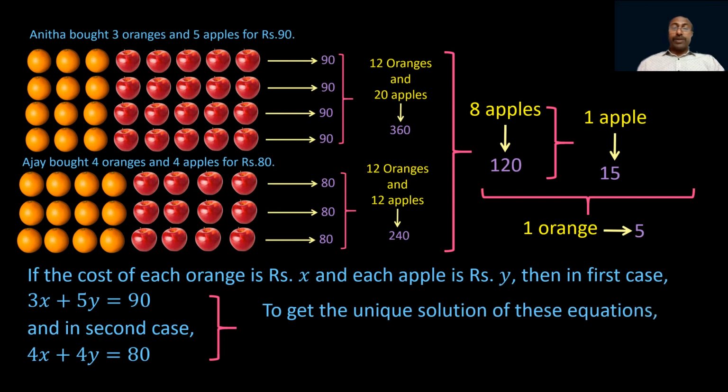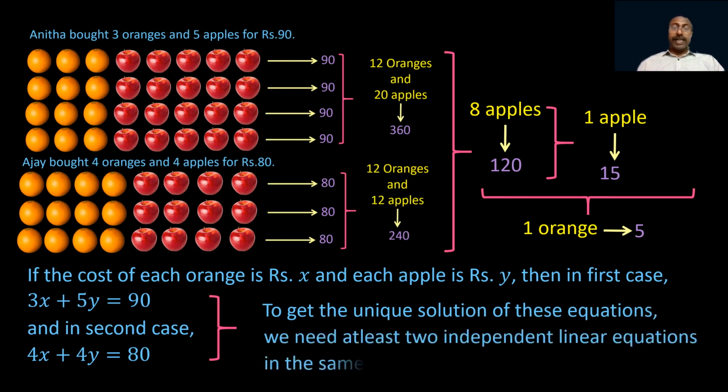So to get the unique solution of these two equations, we need at least two independent linear equations in the same two variables. Okay, when the two conditions are given, only then were we able to find the variables. That's why we need to study the pair of linear equations in two variables.